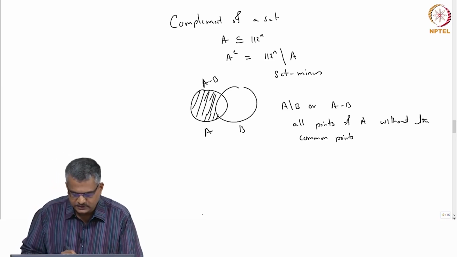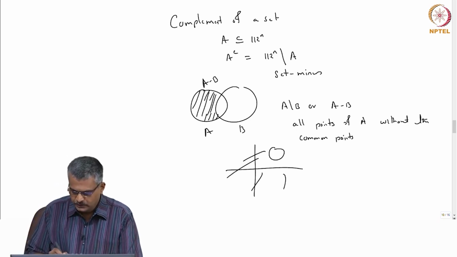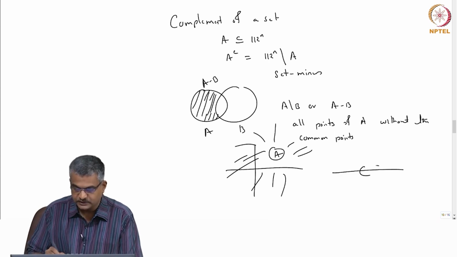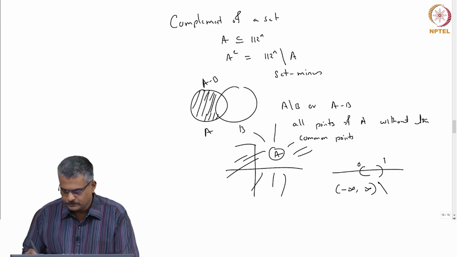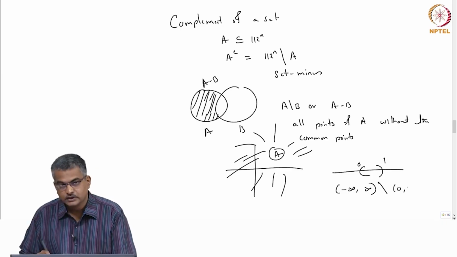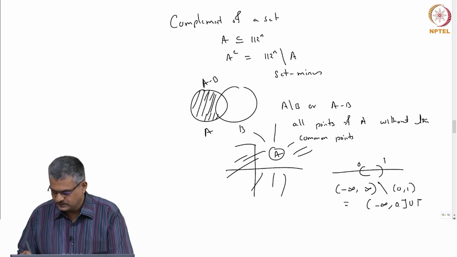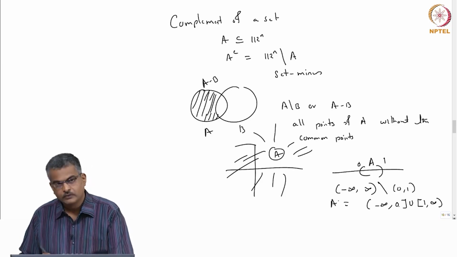So, the complement of the set A is Rn minus A. If I have a disk here, the complement of this set A is all the points other than the set A. In the real line, which is minus infinity to infinity, if you take out, say, the open interval (0, 1) as a set, then the complement is minus infinity to 0, where the square bracket implies that it includes the point 0, union 1 to infinity.